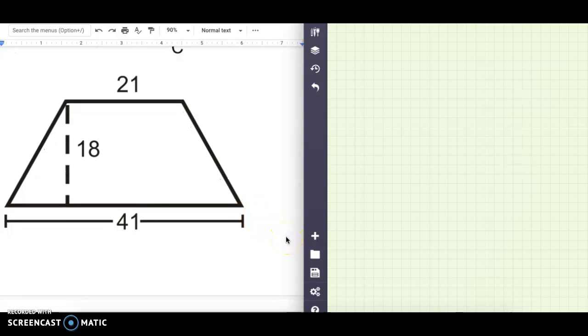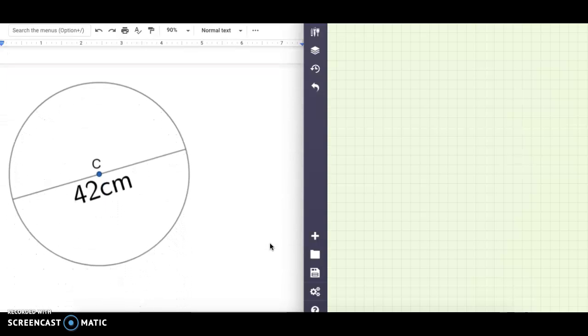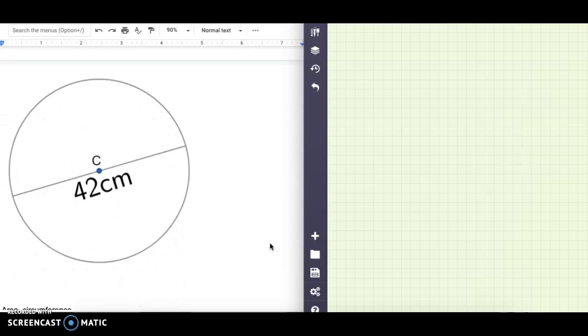Next is a trapezoid. So look up your formula for a trapezoid and find the area of this trapezoid. And next we have a circle.